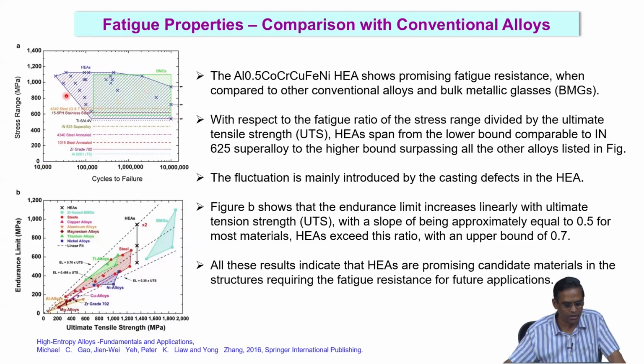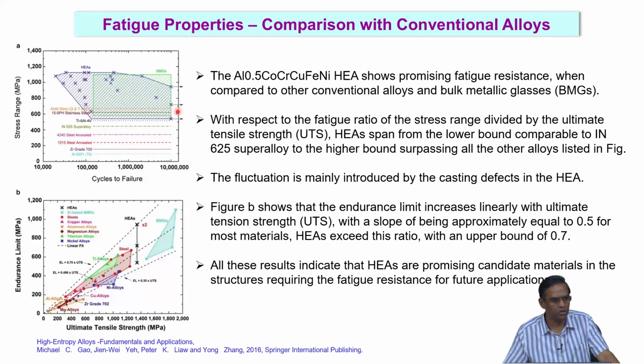So you can see that high-entropy alloys, since they have very high strength, also have a very high fatigue endurance limit, because the endurance limit is directly proportional to the UTS of the sample.